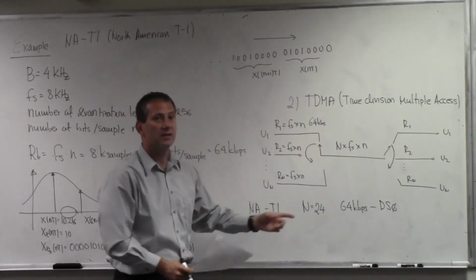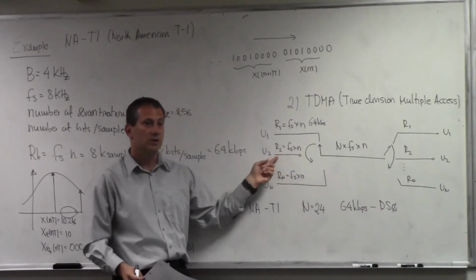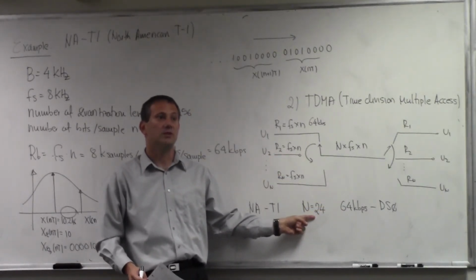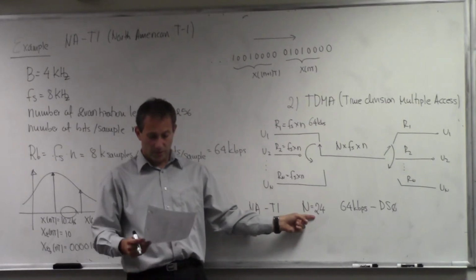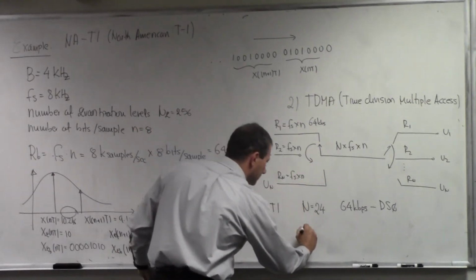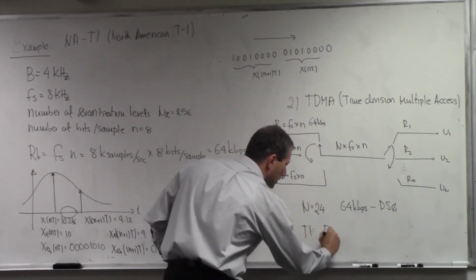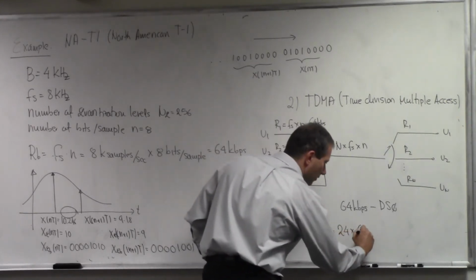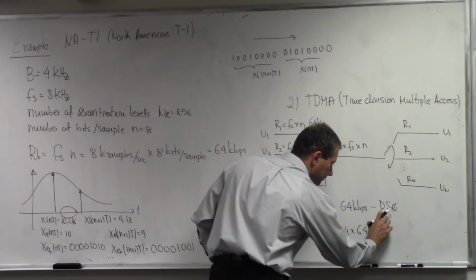So that's the basic rate that comes from one user. And 24 of these form what we call the T1 line. So if you look at the rate here, there is a rate on the T1 line. The T1 rate is going to be 24 times 64 kilobits per second.